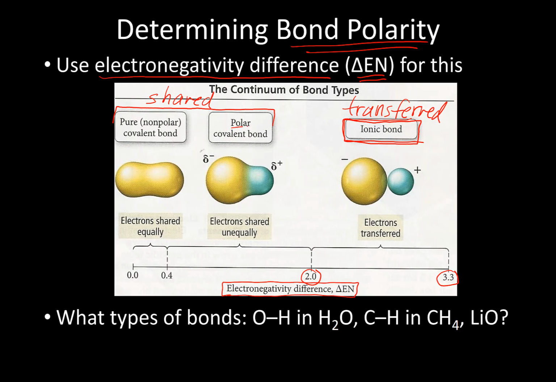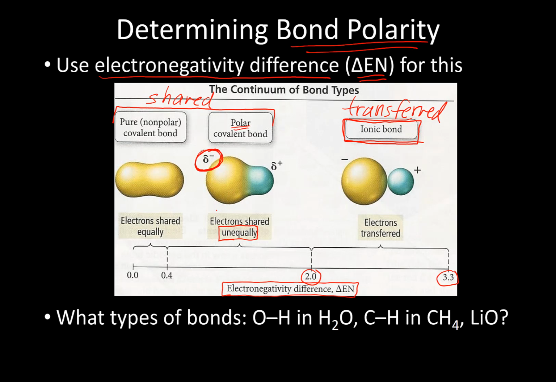When you have a polar covalent bond, you've got unequal sharing, meaning that the atom of one of the elements involved pulls the electrons toward it more strongly in that sharing. So when it's pulled towards it more strongly, it gains this partial negative charge, which is this delta minus symbol.